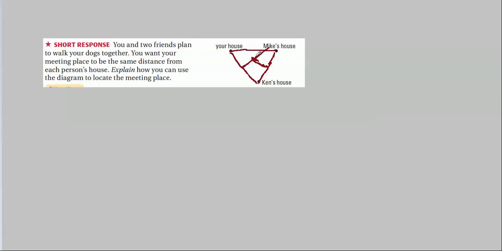The other one's going to have to intersect in the same spot, isn't it? You can always draw in a third one just as a check. Make sure you didn't make a horrible mistake. But this is how Mike and Ken and you could all make sure that you met up at a place equidistant, and nobody would have to walk farther than anybody else. Real easy.